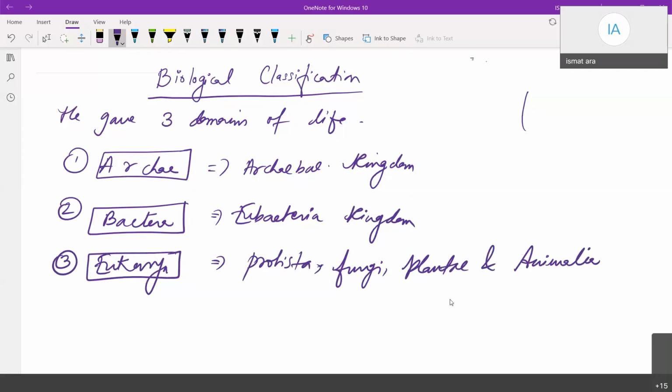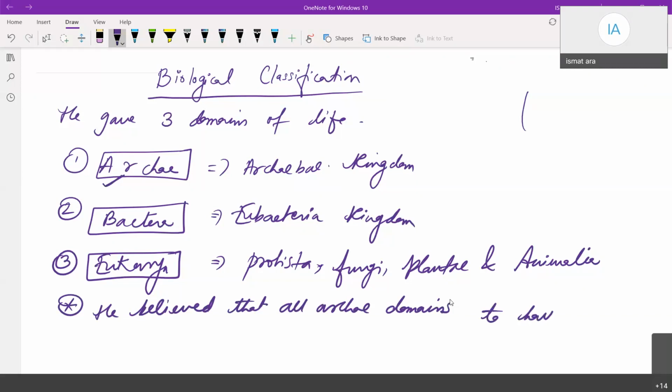He believed that all these domains evolved from a common ancestor called progenote.